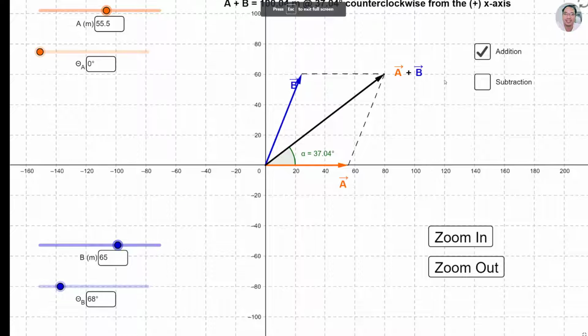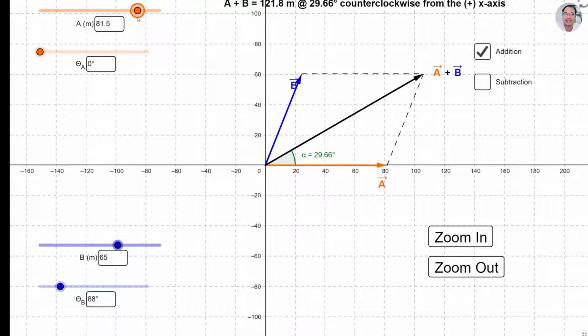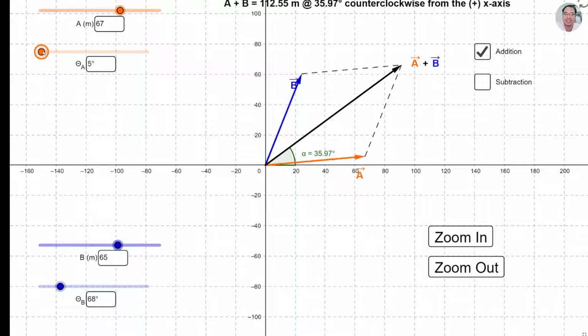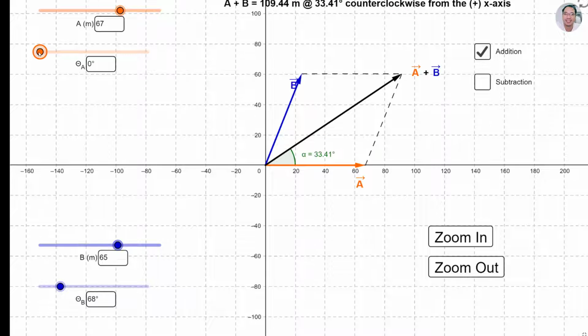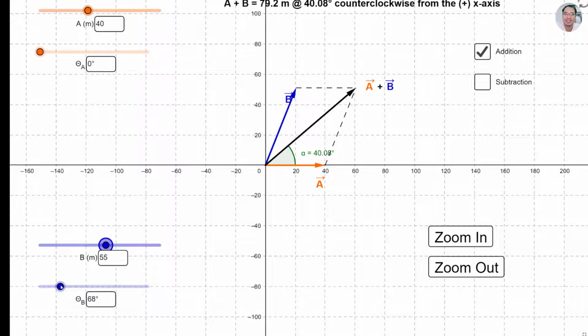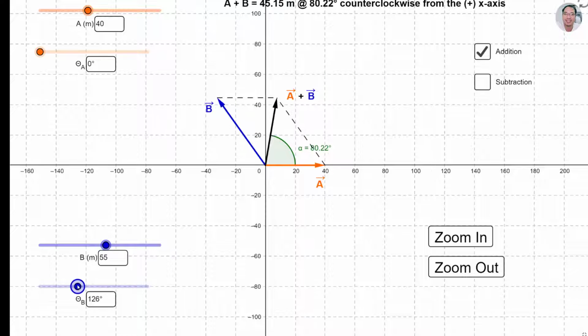The orange vector here is the velocity of the water, and I want to make its length 4. 4 represents 4 meters per second. The second vector, the candle, I want to make at an angle of 38 degrees.